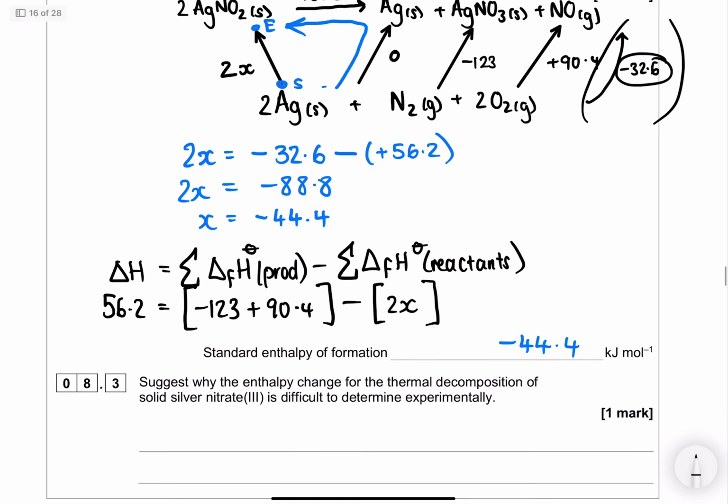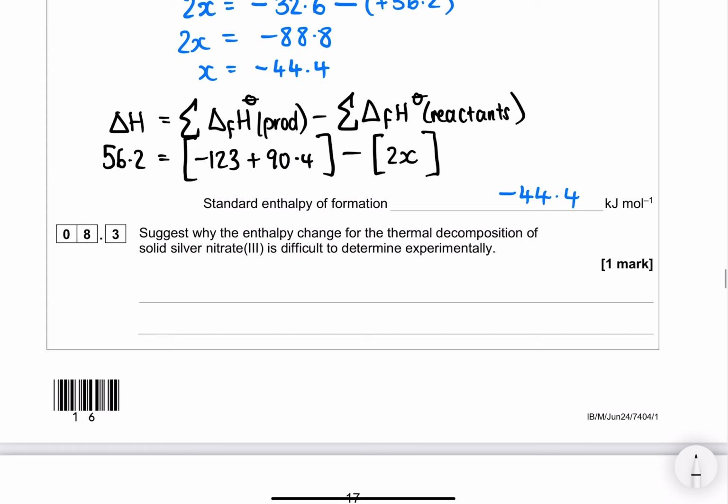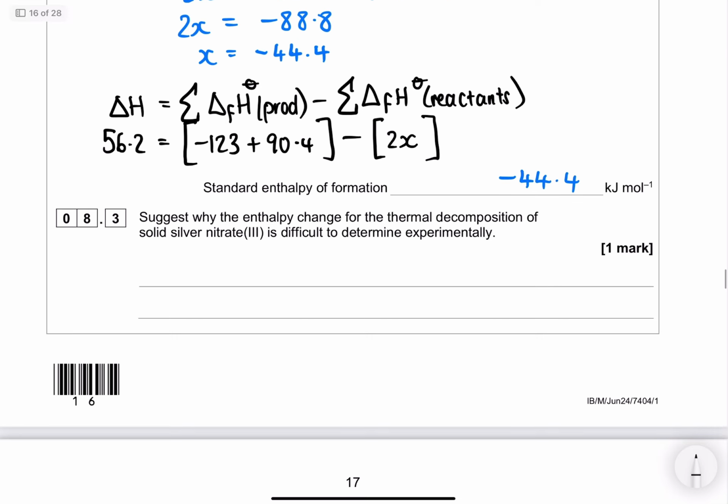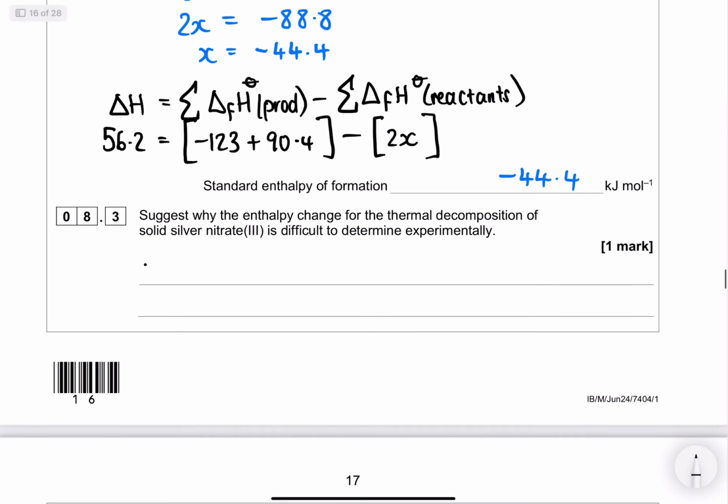Suggest why the enthalpy change for the thermal decomposition of solid silver nitrate is difficult to determine experimentally. Well, it was an endothermic change, so it must be heated to cause decomposition.